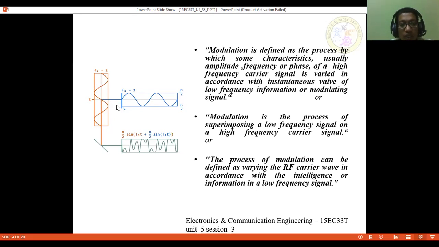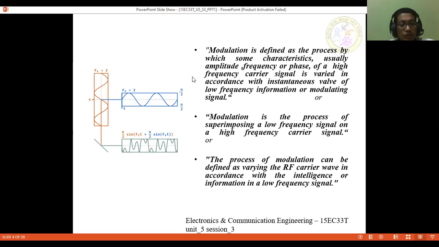So we can define modulation as a process in which the characteristics, such as amplitude, frequency, or phase, of the high frequency carrier are varied in accordance with the instantaneous values of a low frequency information or modulating signal.